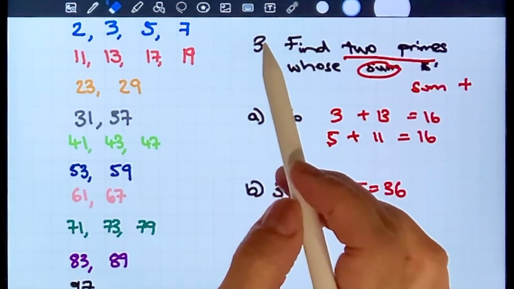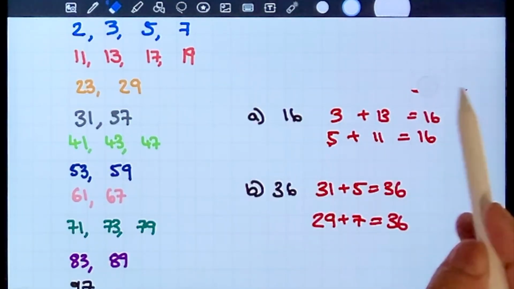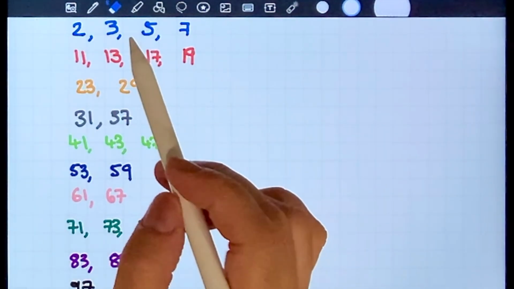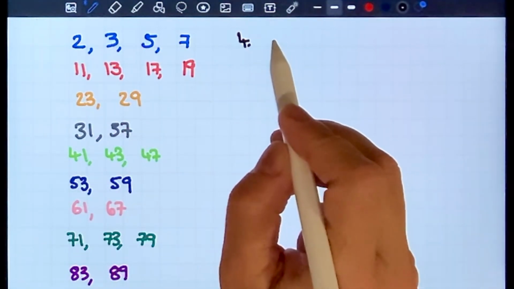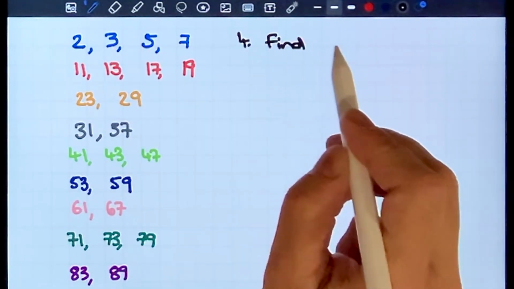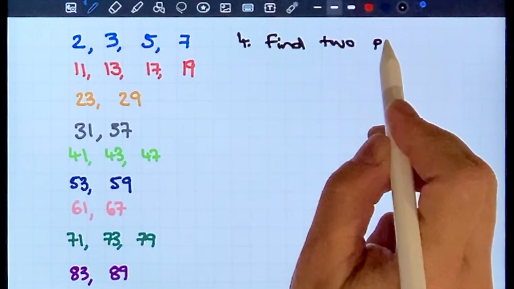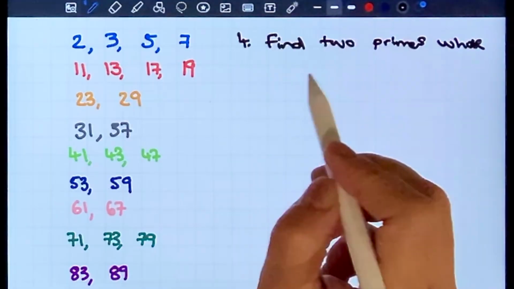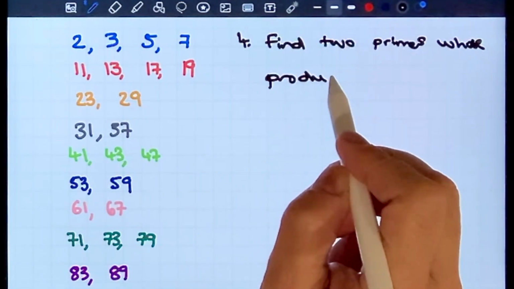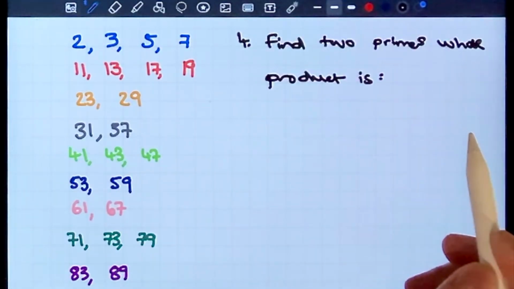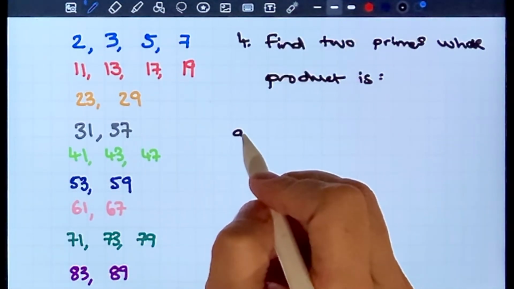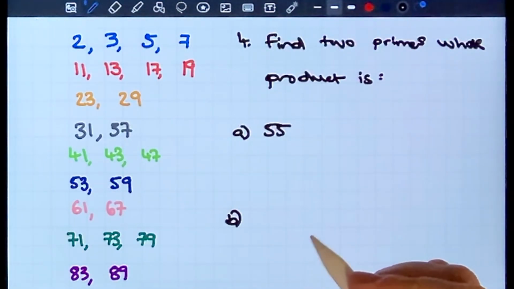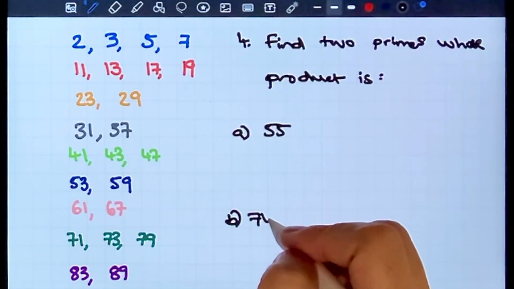Okay, next. Question 4 is asking us to find two primes whose product is 55 and the next one is 74.